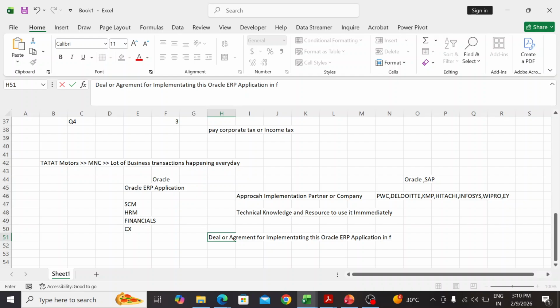in a framed time, or a stipulated time, say for example 6 months or 1 year.